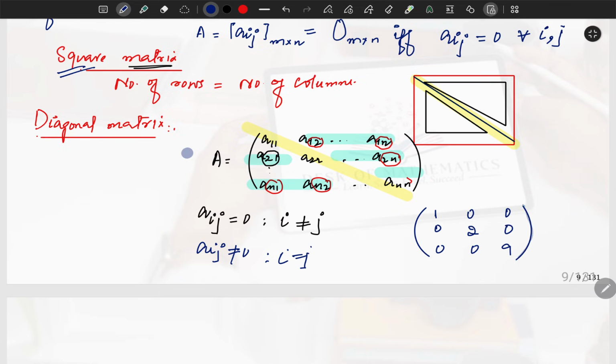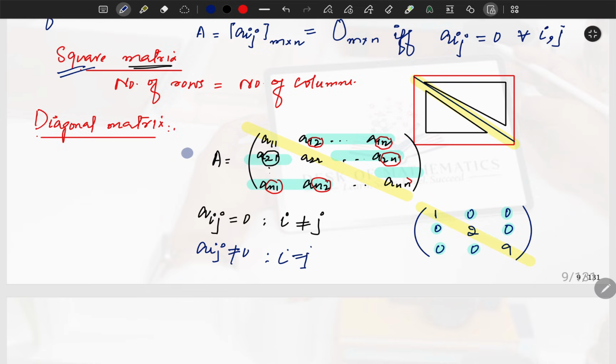Here you can check that the positions A12, A13, A21, A23, A31, A32 are all zeros, and the diagonal elements are non-zero.